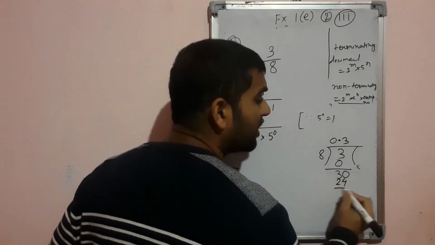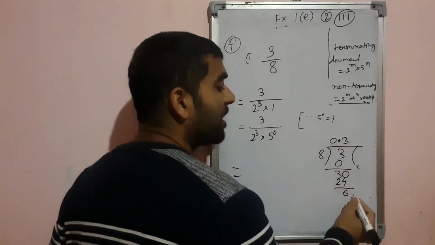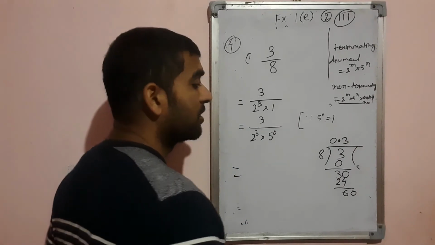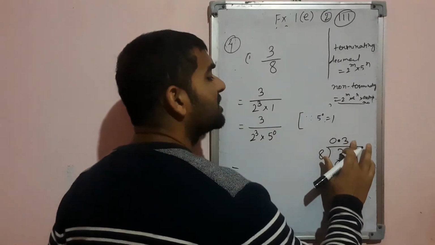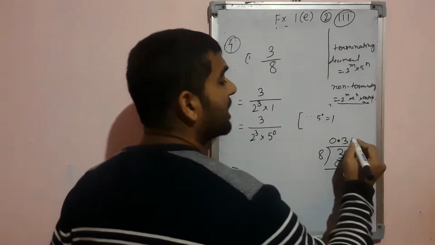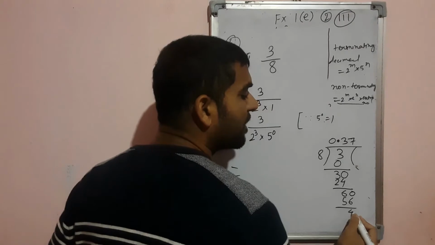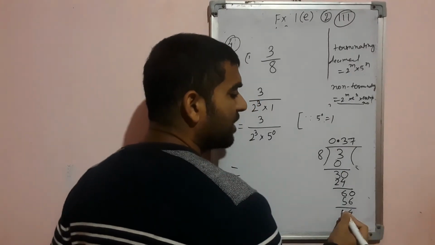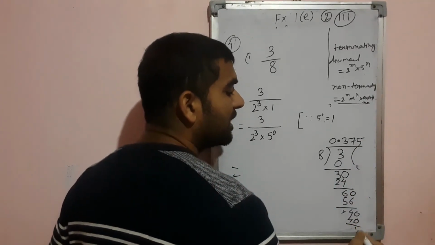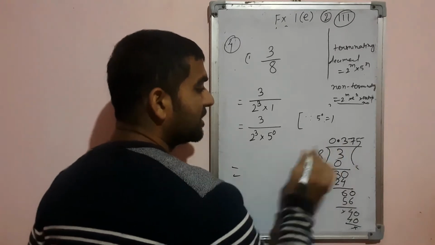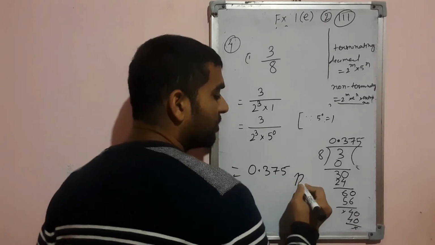We got here 24. Then 30 minus 24, you got 6, right? Next, you already have the point, so 60. How many times? 8 5s are 40, 8 6s are 48, 8 7s are 56. We got 56. Now 4 here. We have the point, no need to worry, so we will get 40. 8 5s are 40. So we got it. This is our answer. What is the answer? We are getting 0.375.